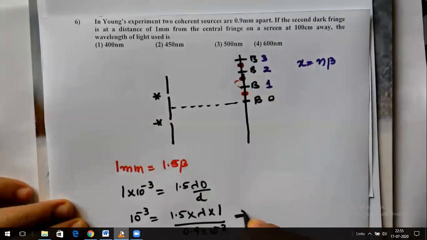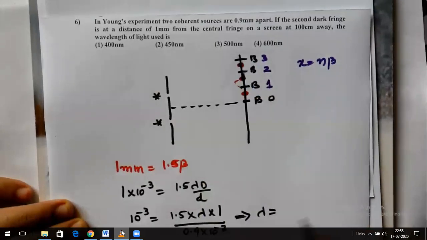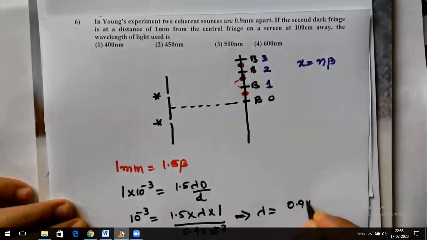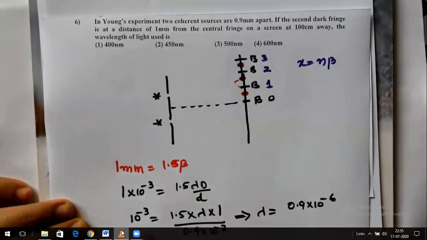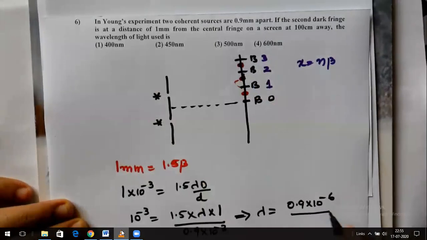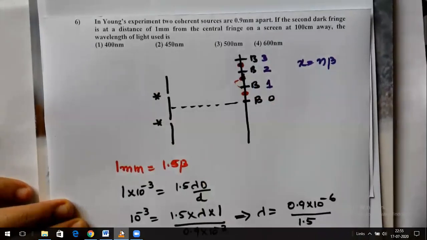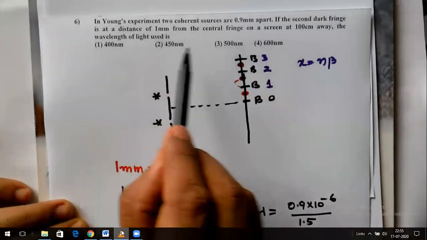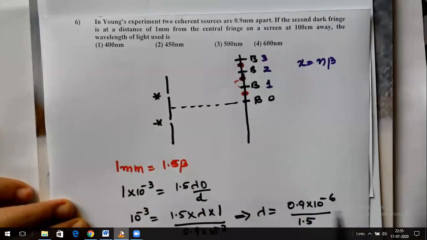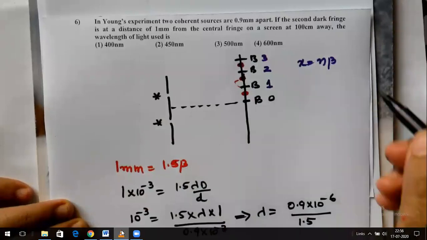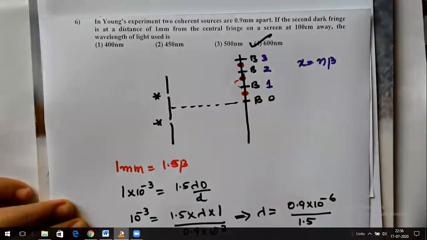So lambda is equal to 0.9 into 10 to the power minus 6 divided by 1.5, and this is 6 times usually. You see the options here: 400, 450, 500, and 600. 9 by 1.5 is always 6 times. So whether it is 60 or 600 or 6,000, never mind. This is the only answer that we have, 600 nanometer.